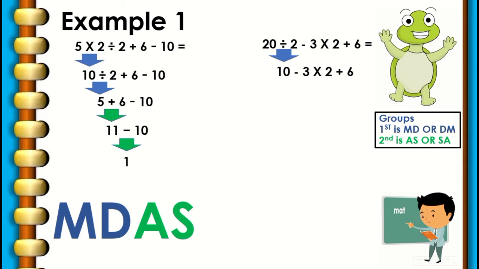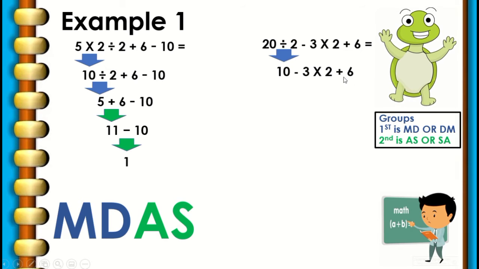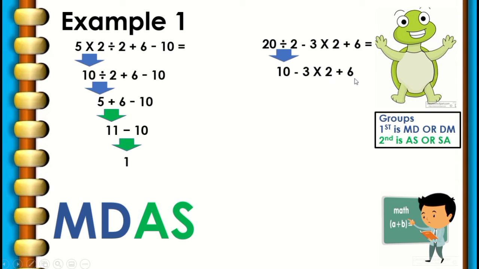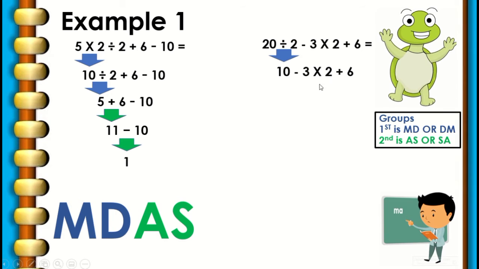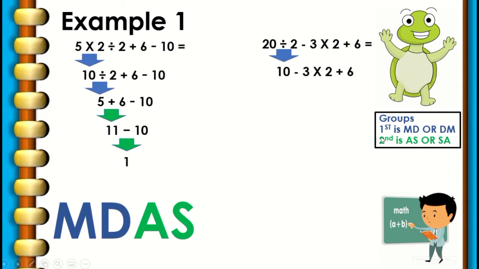And then, copy the remaining quantities and symbols. So, we have minus 3 times 2 plus 6. I-check. We're done with division. Meron pa siyang kapartner na multiplication. Tingnan, i-check kung meron pang multiplication. This time, meron pa siya. Nasa gitna. So, we cannot proceed to the second group.